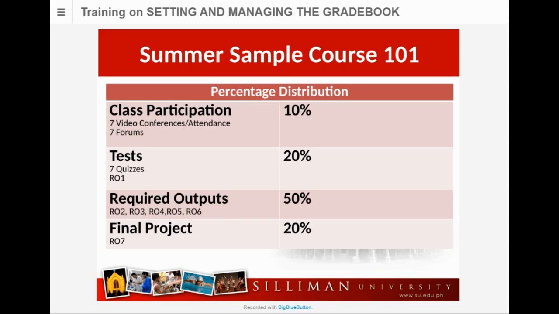Second, we have the category tests, good for 20%, which includes the 7 quizzes and required output 1. Third, we have the required outputs from RO2 to RO6, a total of 50%. And lastly, you have your final project, RO7, a total of 20%. So all in all, that is 100%.